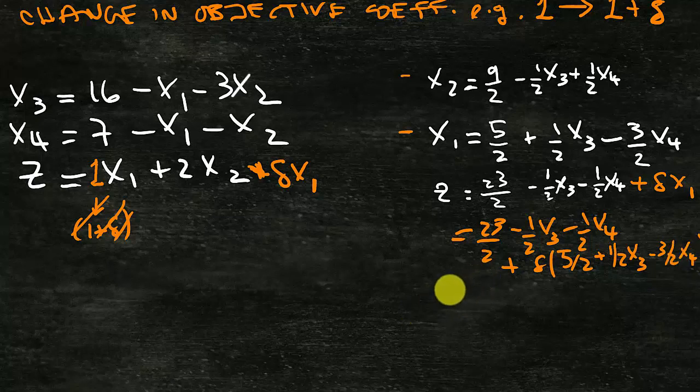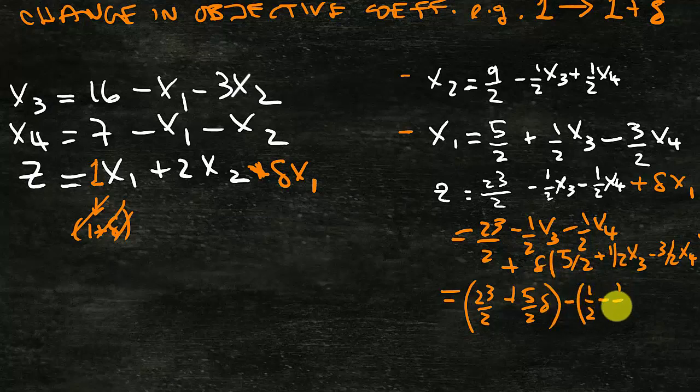And now we simplify, and we have 23 halves plus 5 halves delta, and we're going to have minus a half minus a half delta x3, and minus a half plus 3 halves delta x4. So we're just gathering terms in terms of x3 and x4.